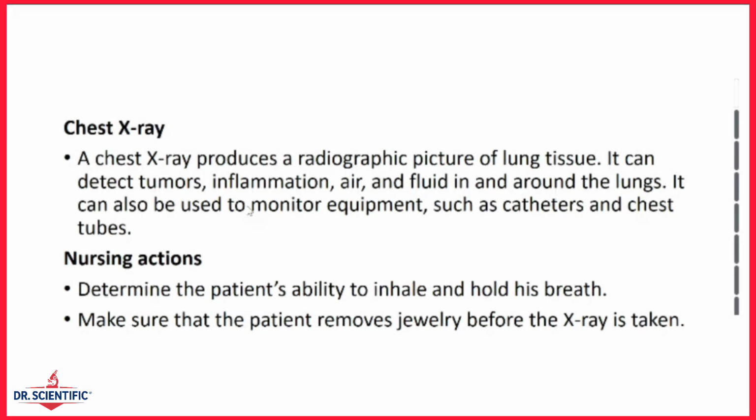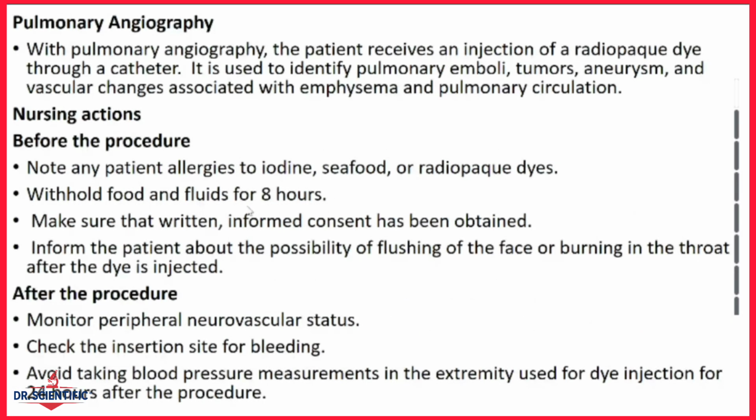Then we have pulmonary angiography, which is an invasive procedure where you visualize the pulmonary circulation. It helps to monitor the pulmonary circulation, so the arteries and the veins. What happens?